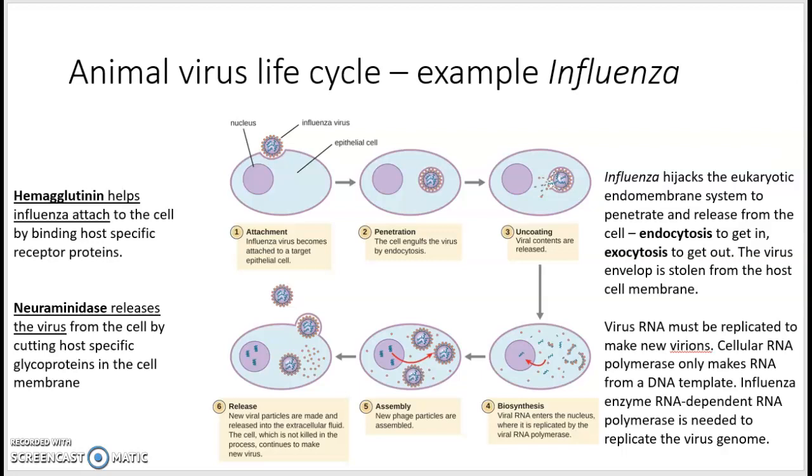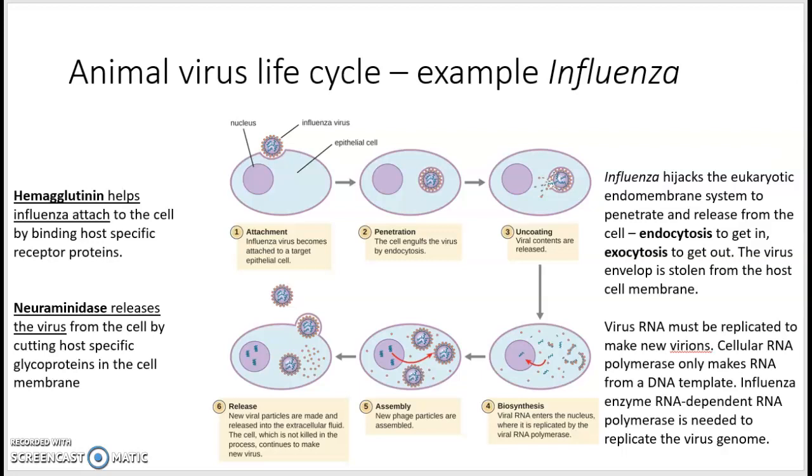Then, those viral RNAs can go into the nucleus, where they are replicated, and also the viral genes are turned into mRNAs, where they are exported into the cytoplasm and translated into virus proteins. Now, it's important to note that the viral RNA needs to be replicated through a viral-specific enzyme called the RNA-dependent RNA polymerase. Only the virus has this gene and not the host cell.